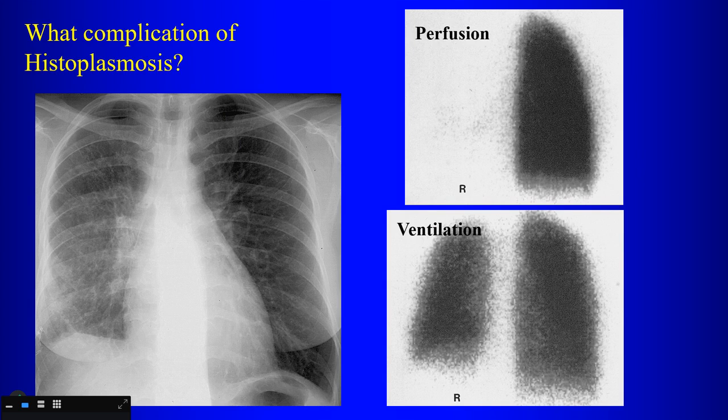So would you say it's alveolar or interstitial? I would go with interstitial. Maybe some prominence of the hilum. What about the volume on the right side? Looks a little bit low, right? So if we're talking about complications of histoplasmosis, you put these findings together, what do you come up with?